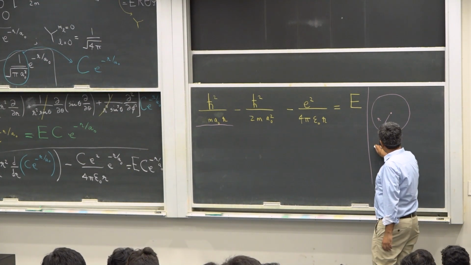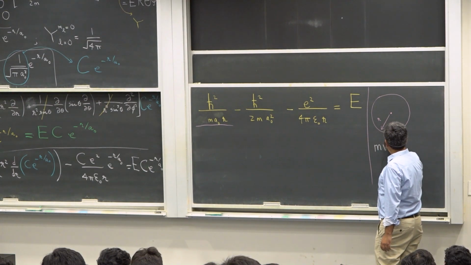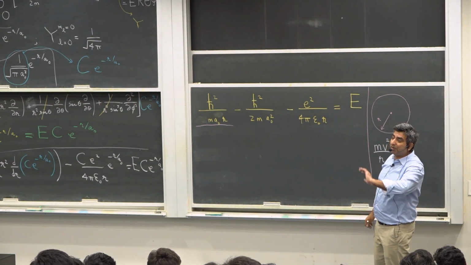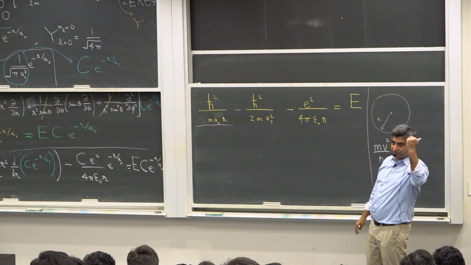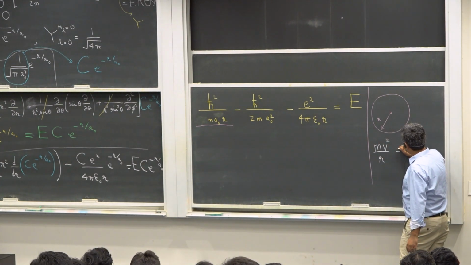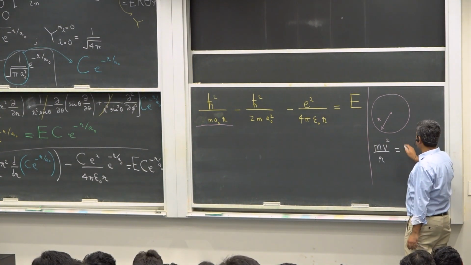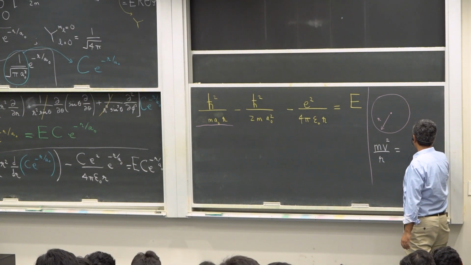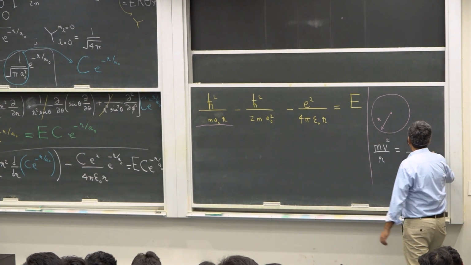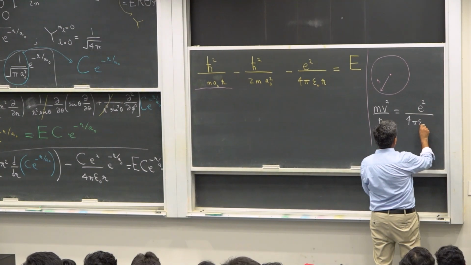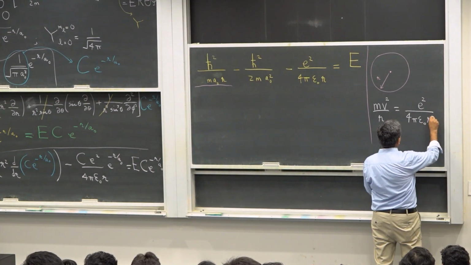So the centripetal force for this electron is mv square over r, a totally classical idea, pre-quantum. It's called the old quantum theory. This is the expression for the centripetal force. The centripetal force is going to equal the product of the charges, which is E square divided by 4 pi epsilon naught r squared.